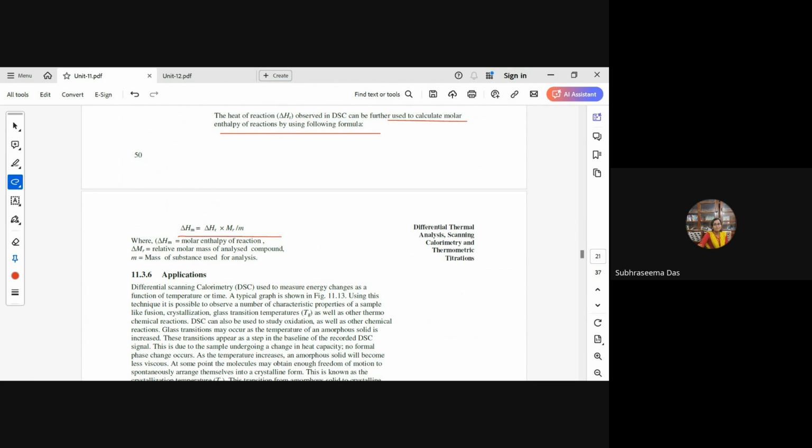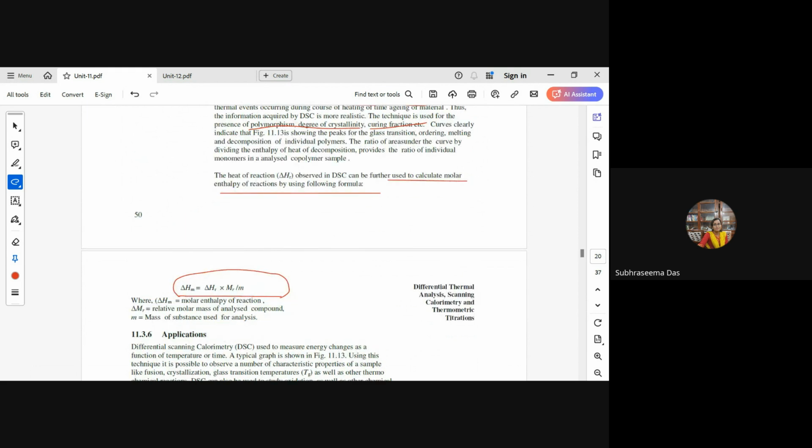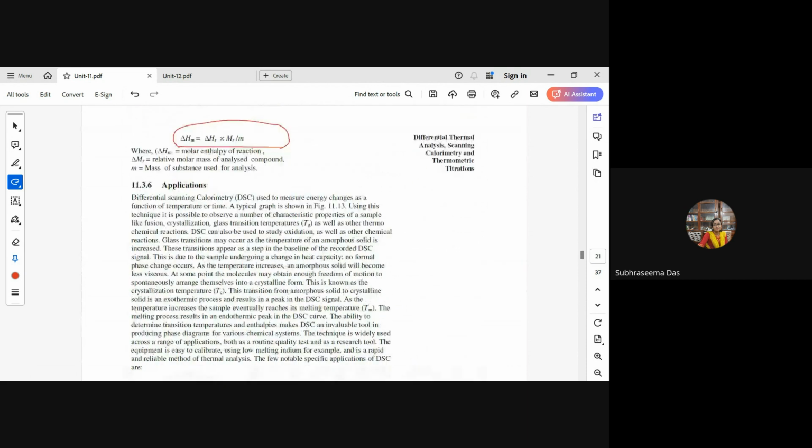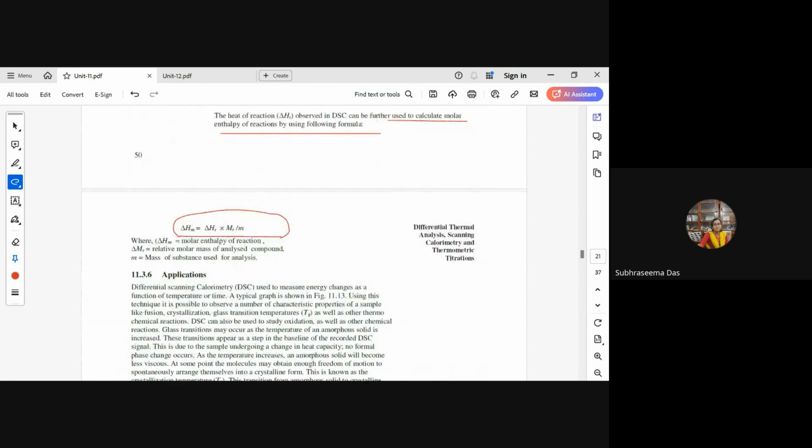Mr is called the relative molar mass of the compound, that is our test sample, and small m is the mass of the substance that we have taken for analysis. So from this equation, delta HM, that is the molar enthalpy of reaction, can be calculated from a DSC plot or a DSC thermogram.